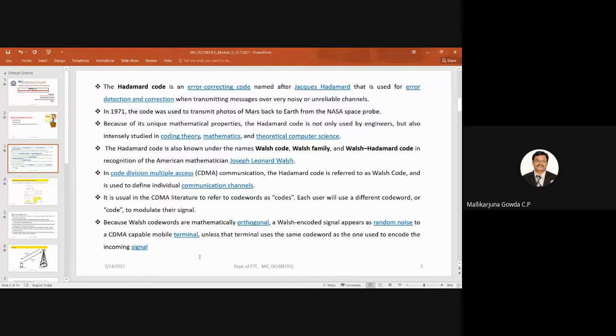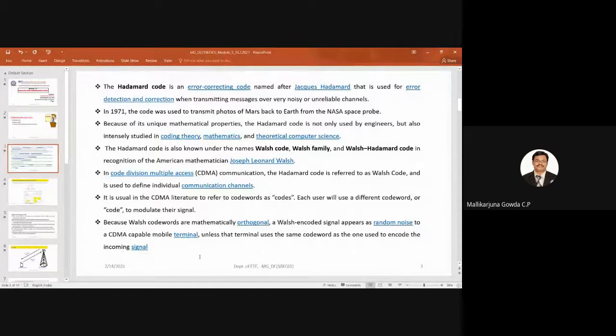As I said already, this Hadamard code is also known as the Walsh code, Walsh-Hadamard code, in recognition of the American mathematician J.L. Walsh.